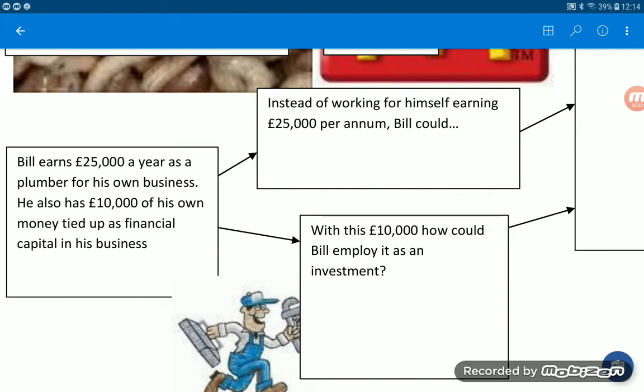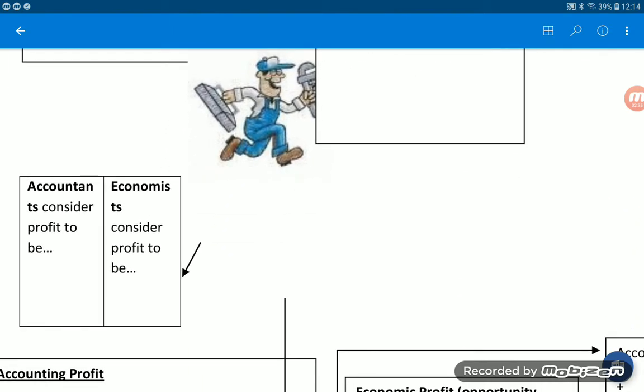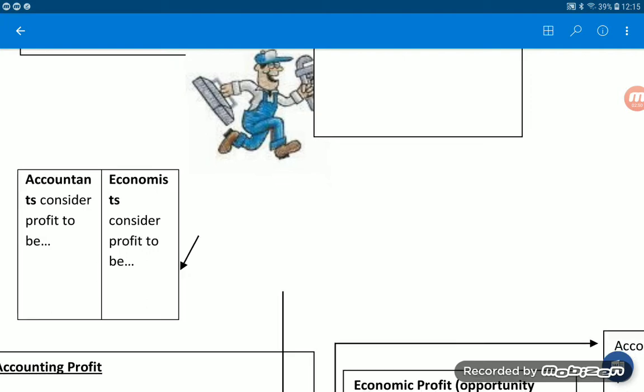Instead of working for himself, Bill could clearly get a job elsewhere, and with that £10,000 that he's employed in the business, he could deposit it in a bank. So economists consider profit to be revenue minus accounting costs minus opportunity costs. Accountants' profit is simply revenue minus accounting costs.